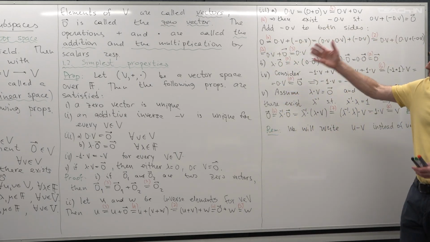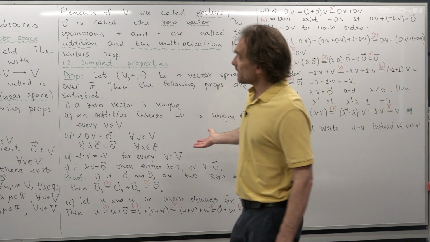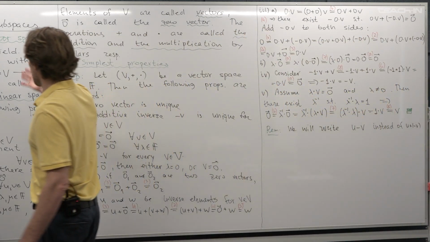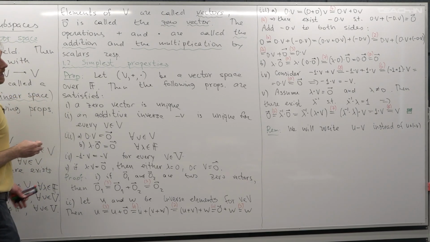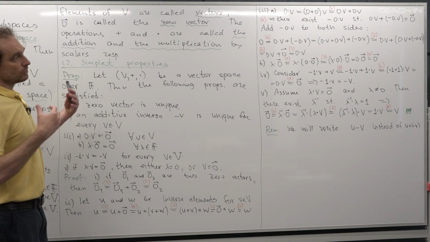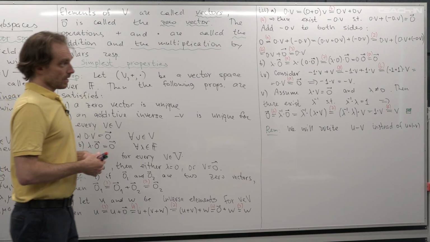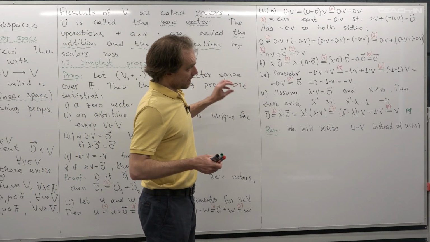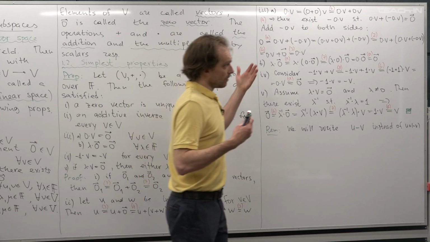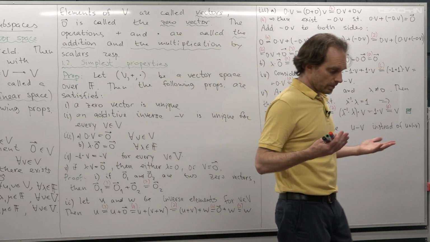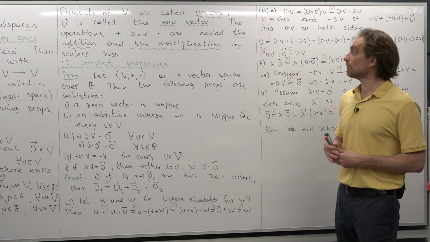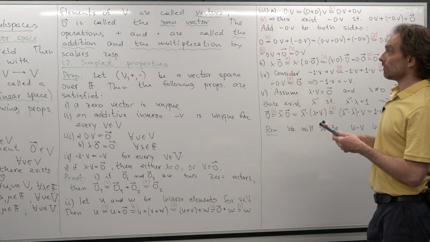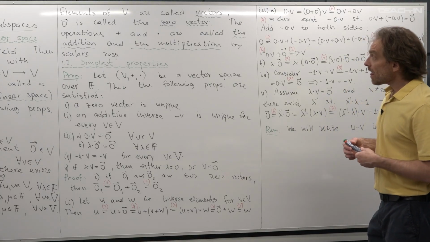Okay, so these properties follow from the definition of a vector space, and my aim was to show how to use these axioms, how to prove some results using formal arguments based on the properties from the definition of a vector space.